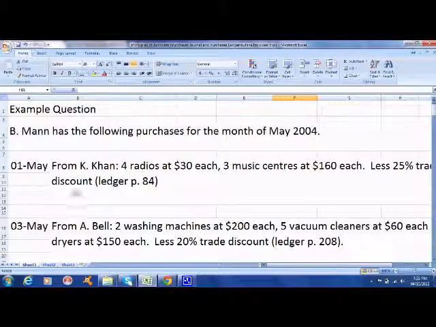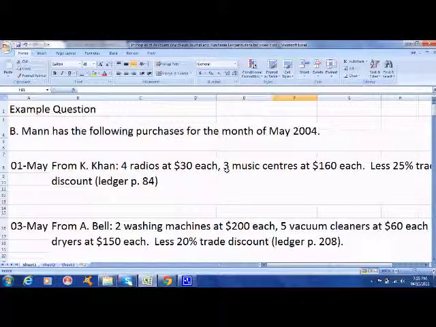Alright, first one. From K-Can, 4 radios at $30 each, and 3 music centers at $160 each, less 25% trade discount. What we'll do now is multiply 4 by 30, because it's 4 radios at $30 each.